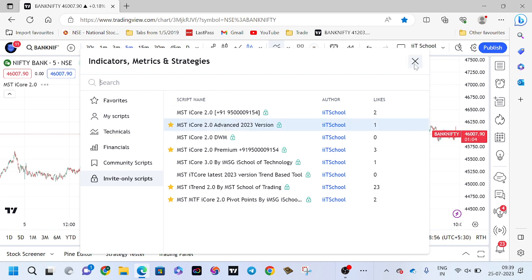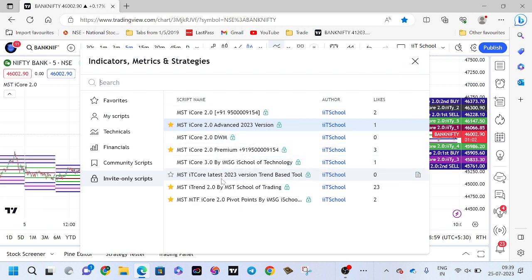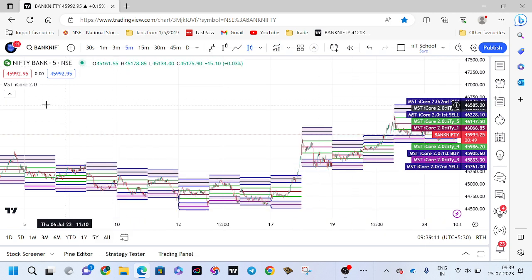Suppose you have subscribed for MST i10 2.0, this year we are giving iCore 2.0 as complimentary. You just click on this and this indicator will be added to your chart. Hope it is clear. Now we are mainly focusing on this indicator.